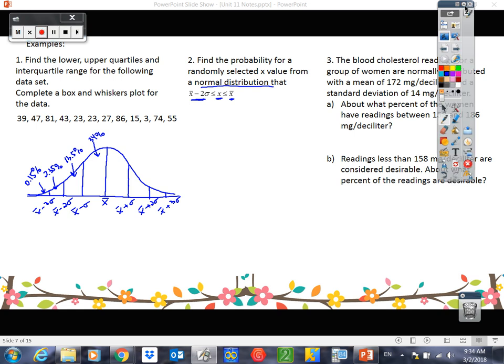So what we're looking at is this space right here and this space right here. That's the space between the mean right here, and 2 standard deviations, which is right here. So that's what we're looking for.